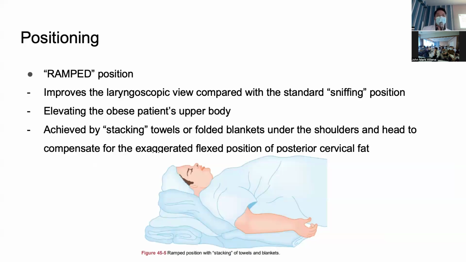Now, for positioning, we can use the ramp position. It improves the view compared to the standard sniffing position, especially during endoscopy. We elevate the obese patient's upper body by stacking towels or folded blankets under the shoulders, to compensate for the exaggerated flexed position from the posterior cervical pad.